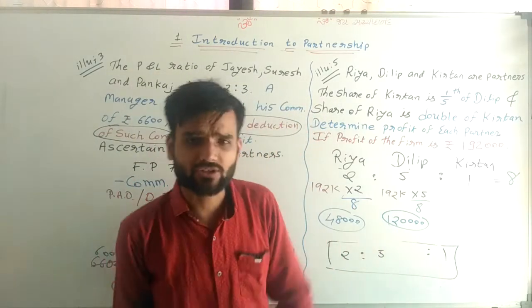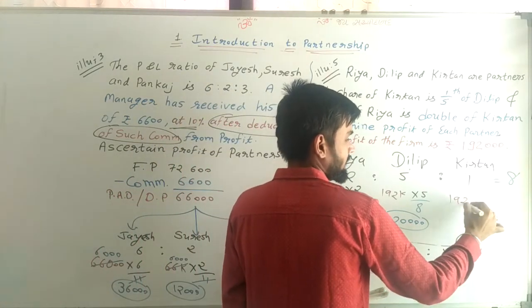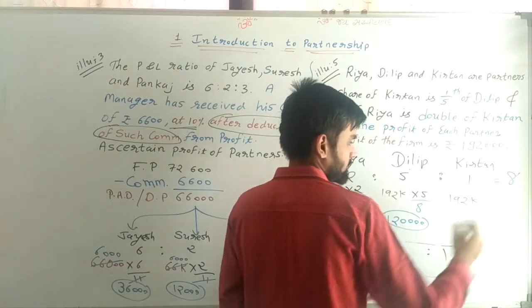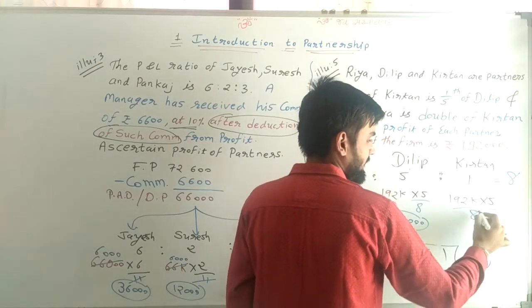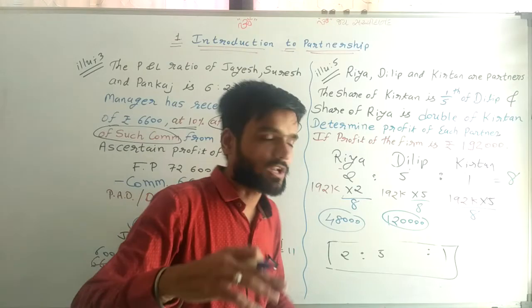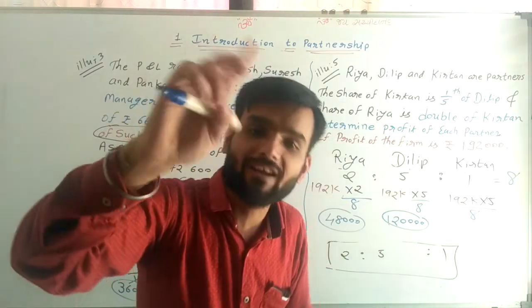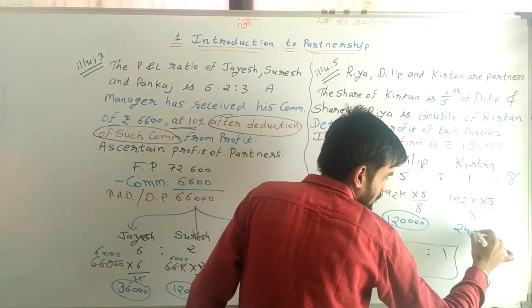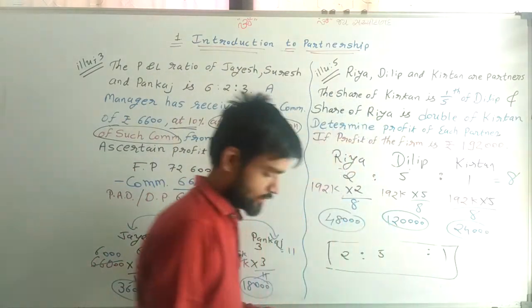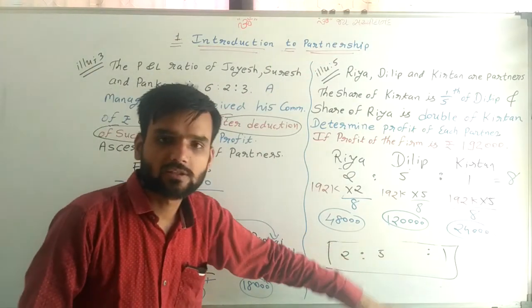And for the last partner Kirtan, calculate 1,92,000 multiplied with 1, divided by 8, and after the calculation you will get the answer 24,000 rupees. So in this way we can solve this sum.